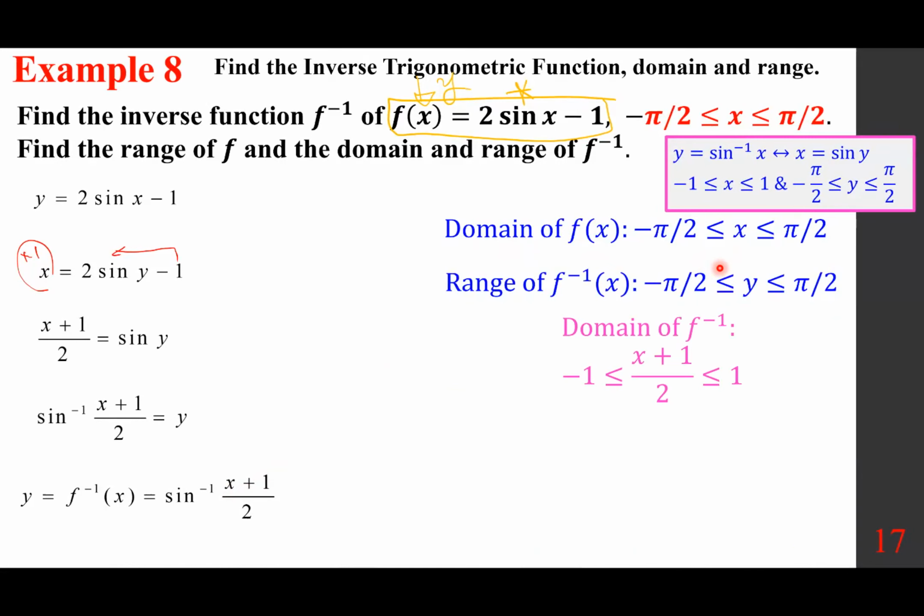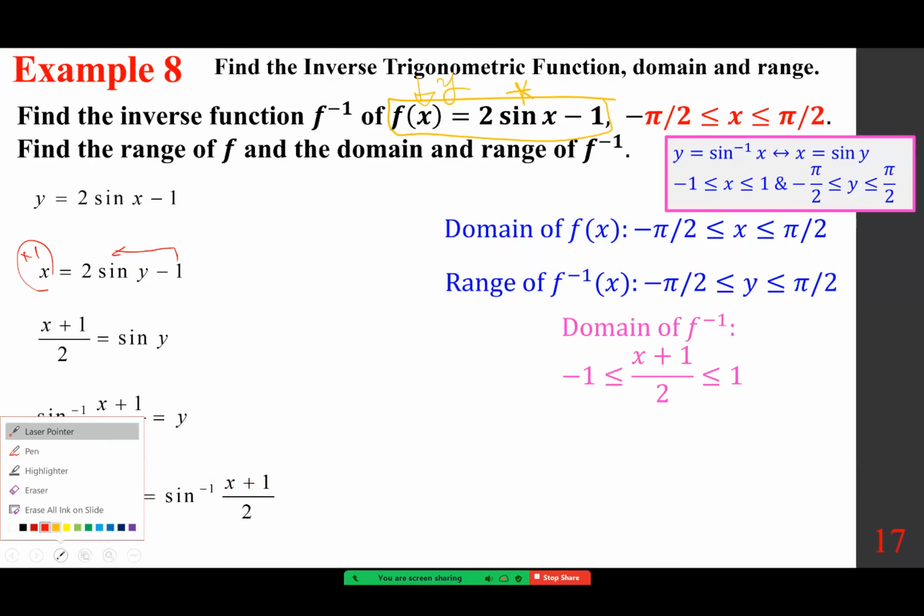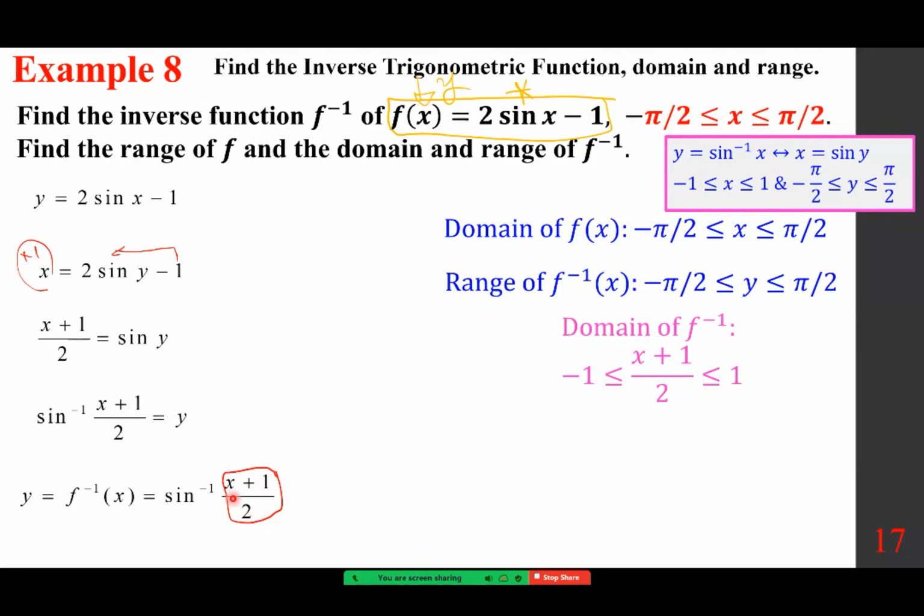Now, domain of f inverse. Remember, sine inverse, don't even look at that. If you ignore that, whatever this is, must be between negative 1 and 1. The argument of sine inverse must be between negative 1 and 1.